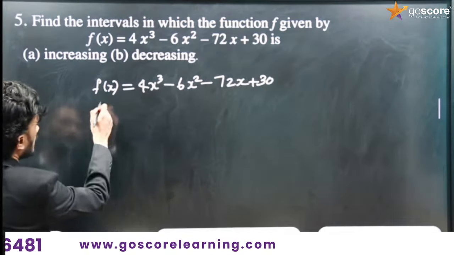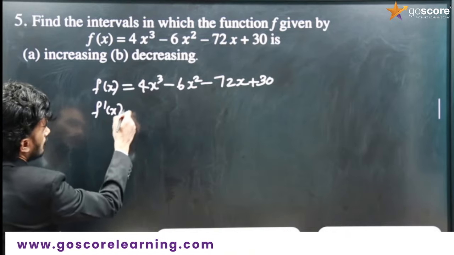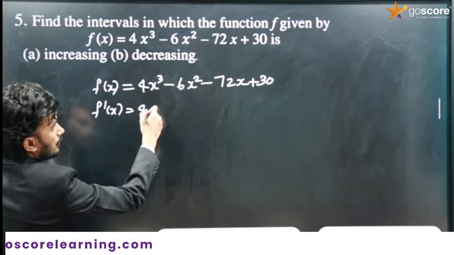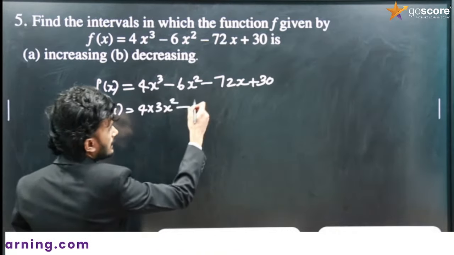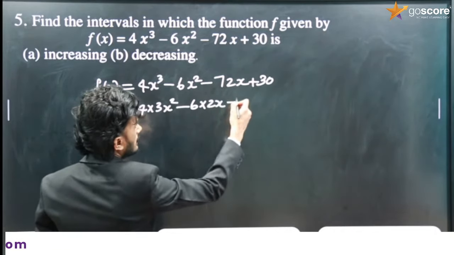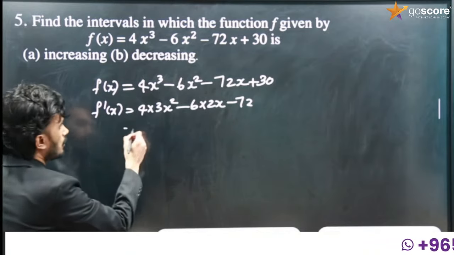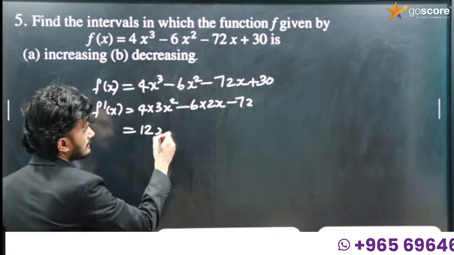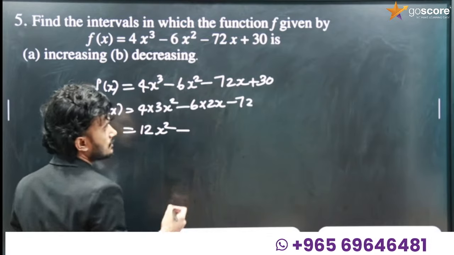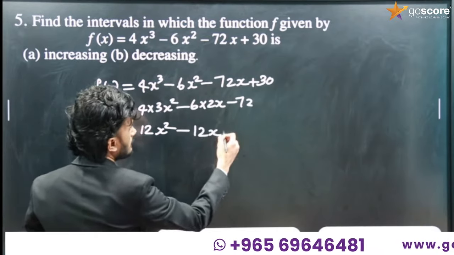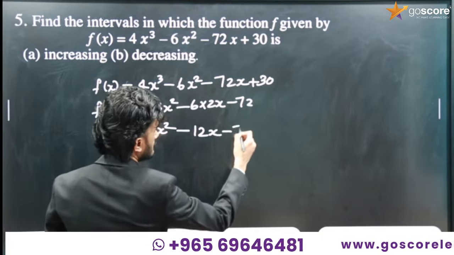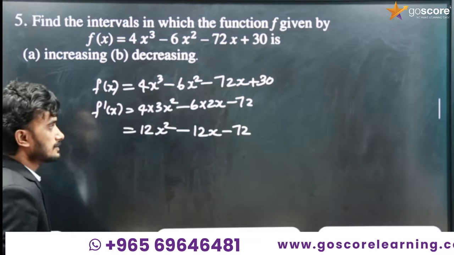So f dash of x is equal to 4 into 3x square minus 6 into 2x minus 72. 4 into 3 is 12x square, minus 6 into 2 is 12x, minus 72.